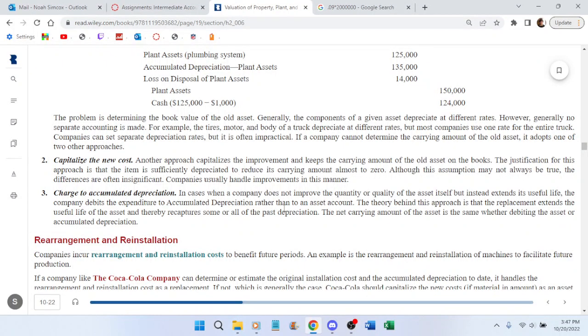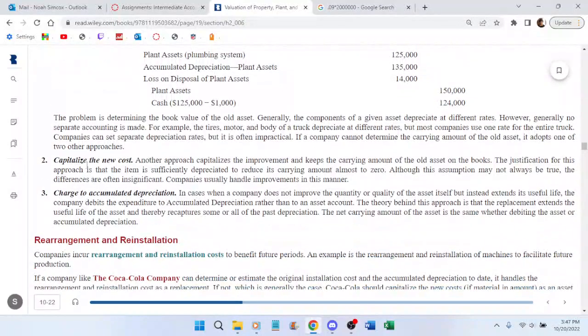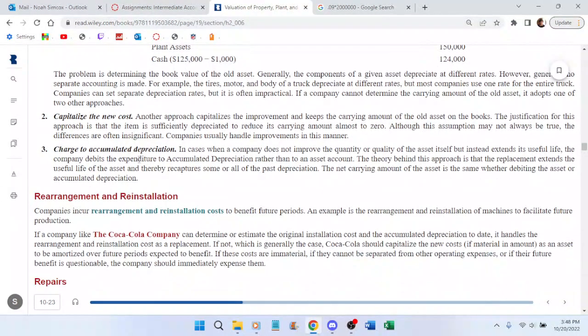Capitalize the improvement, keep the carrying amount of the old asset on the books. This approach was used to substitution approach. This approach is capitalize the new cost. So just do nothing, don't do anything extra, just capitalize the new cost. Charge to accumulated depreciation.